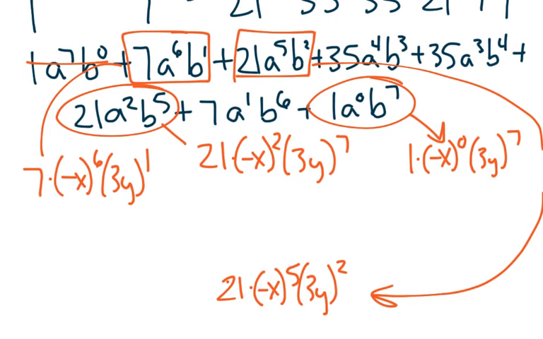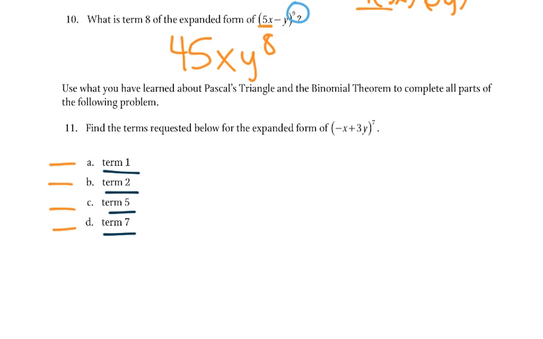And then we just simplify. Okay, so negative x to the 6th would just be positive x to the 6th, 7 times 3y. 7 times 3 would be 21, x to the 6th y. So that's term 1. Okay, so 21, x to the 6th y.